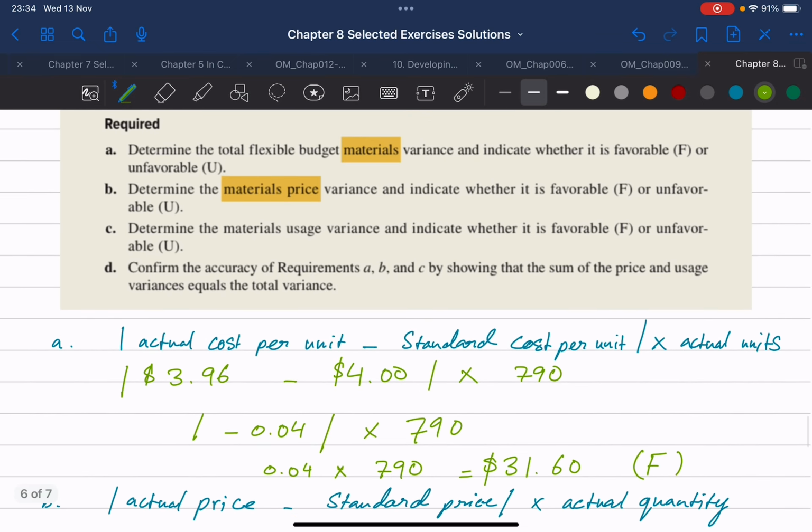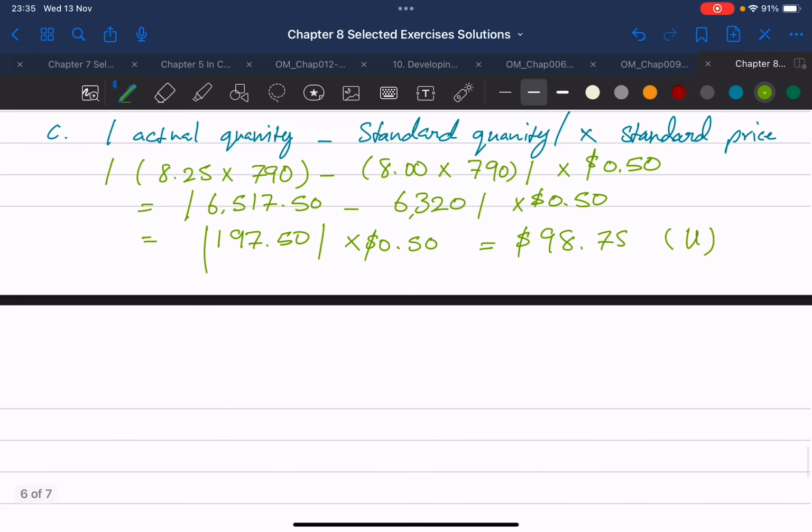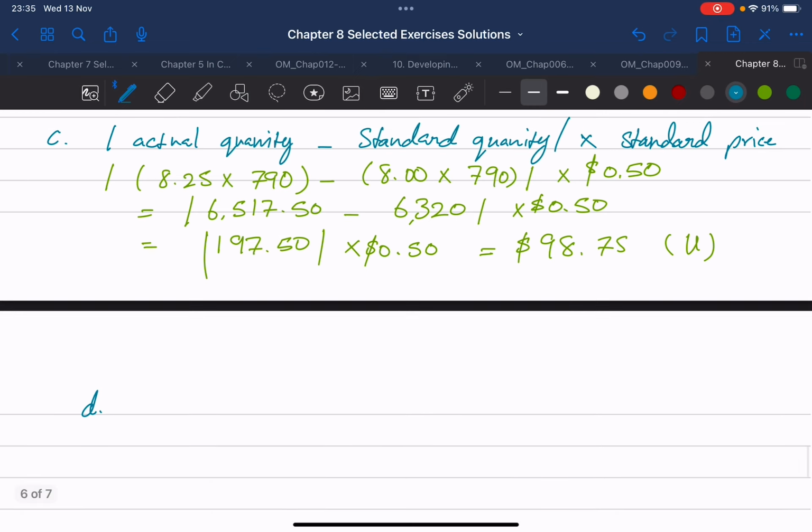And then part D, it says, confirm the accuracy of requirements A, B, and C by showing that the sum of the price and usage variances equals the total variance. Okay. So what we're going to do here is just summarize what we have found in the previous steps.